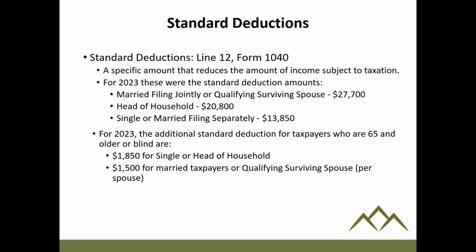You get a little bit of a kicker added to your standard deduction if you fall into one of those categories. For 2023, these are the amounts that were here. This is for those who can remember back to the Tax Cuts and Jobs Act. The standard deduction was pretty dramatically increased with the passage of that act. And some of the deductions you can take on your itemized deductions, things like property taxes and state taxes, were capped.